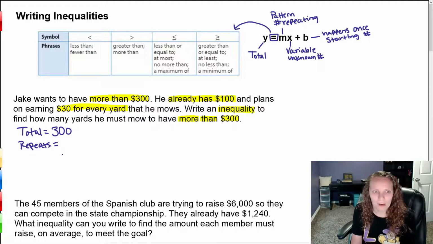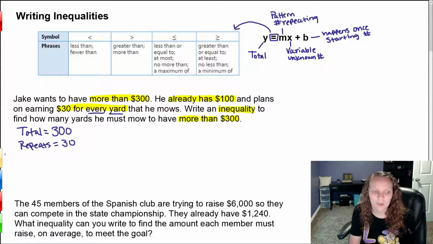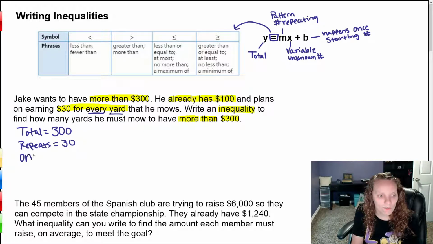The repeating number here is 30 because he is mowing several yards. For every yard or each yard, that tells you it repeats. And then the number that happens one time, or that it's starting out at, he has $100. So that's what he's starting with.